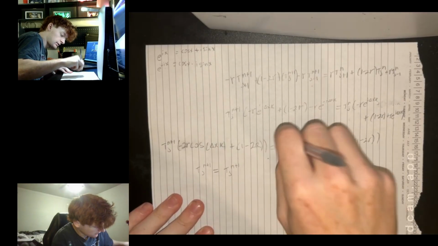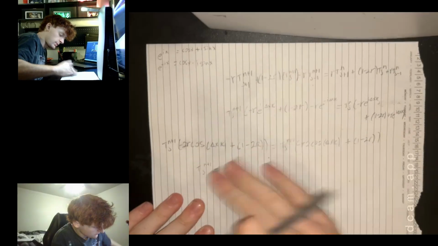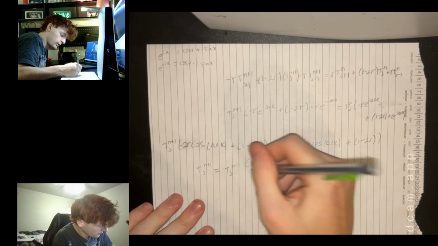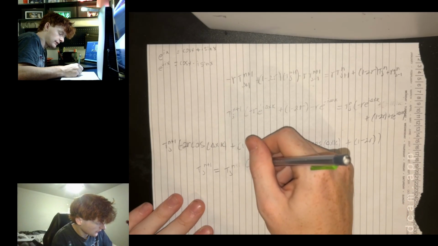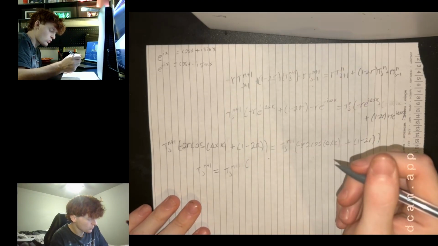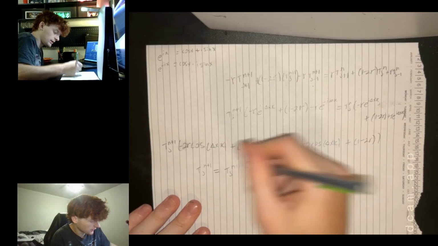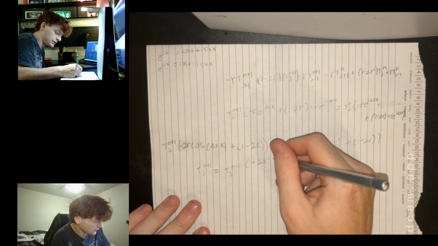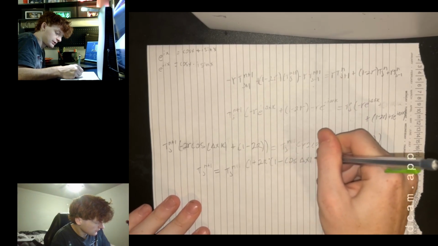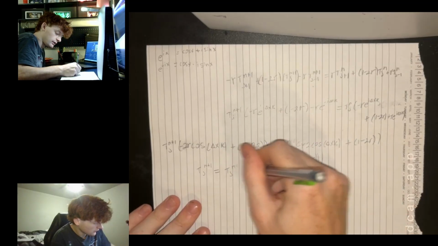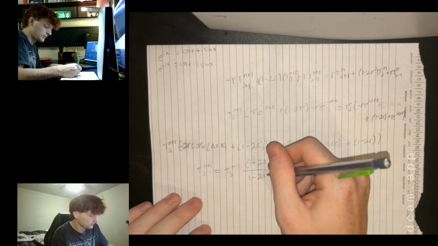Then we'll factor out the 1 minus 2r, and it'll be 1 plus 2r up top, because we're going to divide this over.